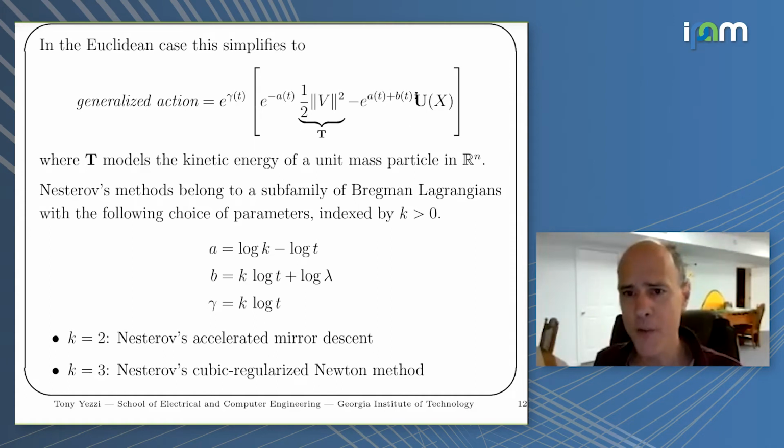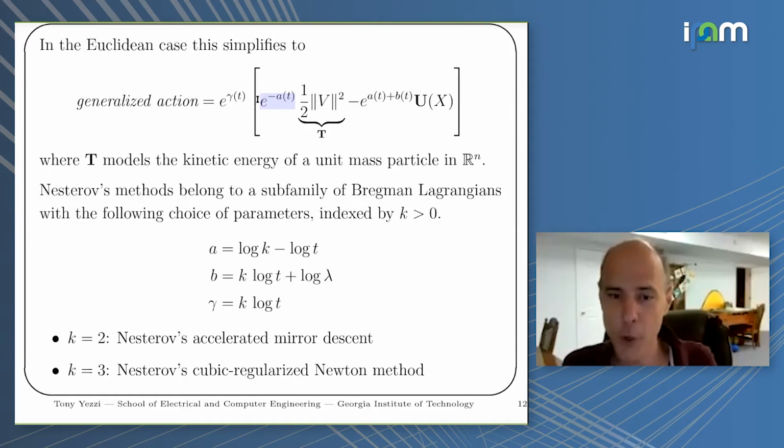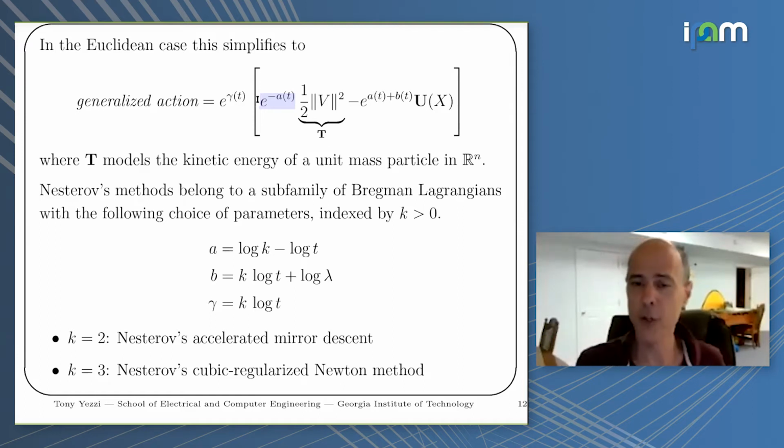Then you have a potential energy term, but you have these time-dependent multipliers, which means that you don't necessarily conserve the resulting Hamiltonian anymore, and you can have a slow dissipation of energy. So instead of descending directly on the original cost function, which is U, you descend on the Hamiltonian.